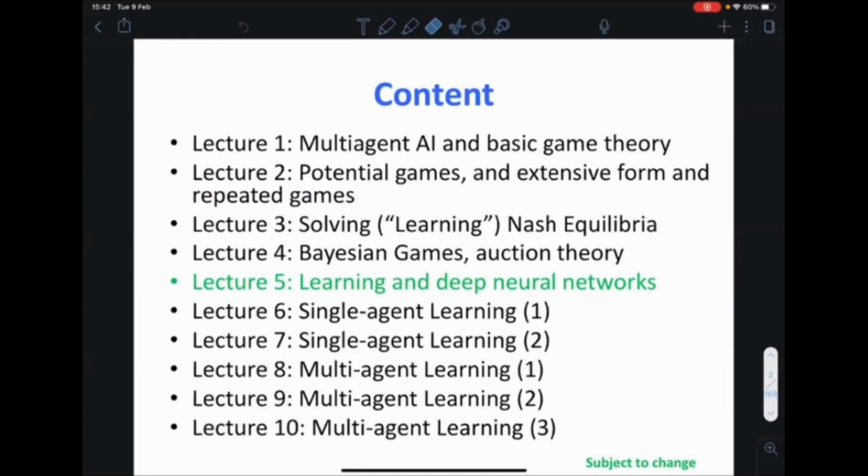So these four are more game theory. We are talking about Nash equilibrium and interactions, and we started this today. We talk about learning, and then we talk about decision making.